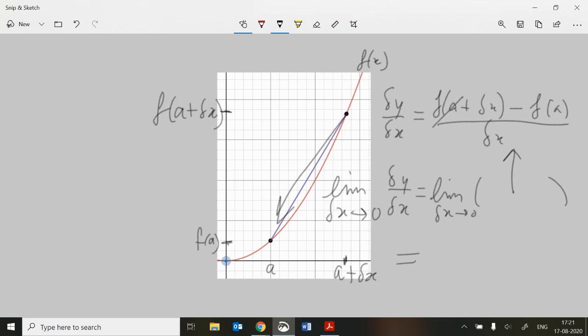But if we change this a to our x, then we're going to get a function in terms of x. Okay, so we're going to move from this particular point to just saying, well, we've got any point here. And so if we want to substitute in not just a, but x, seeing as this is going to work for any point, then that's going to turn into a function of x.